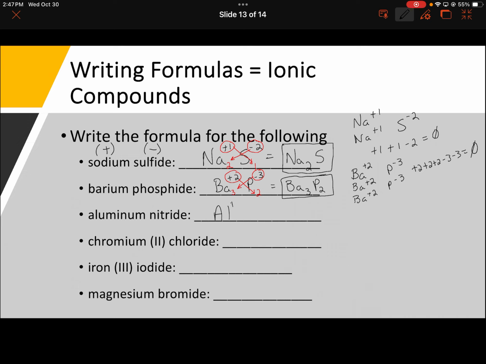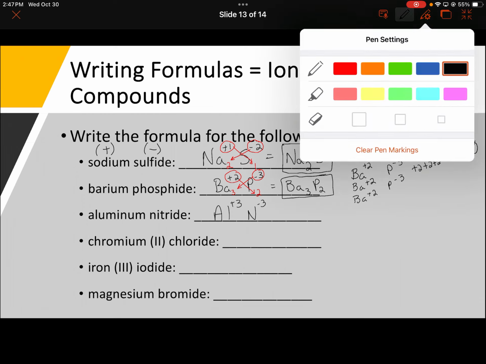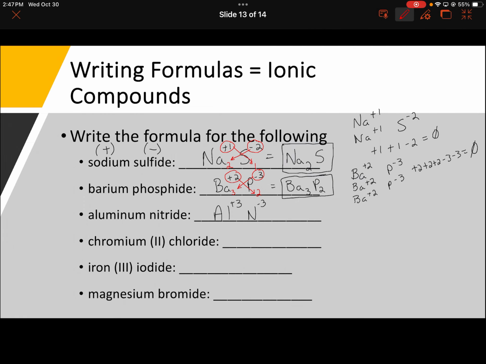Aluminum nitride: aluminum +3, nitrogen -3. Crisscross those oxidation numbers. Now this is something a little different.